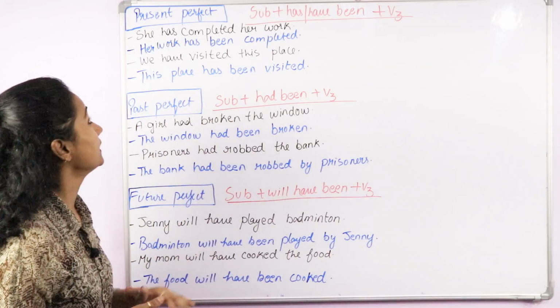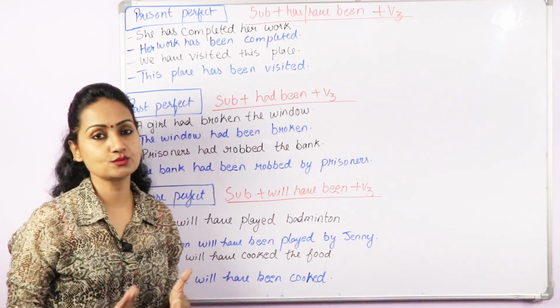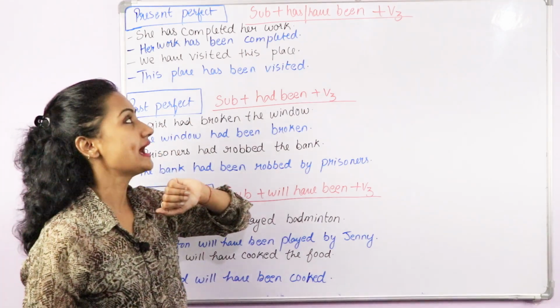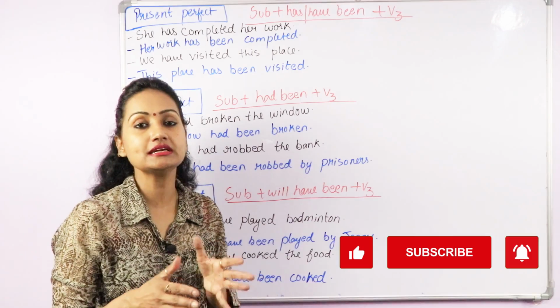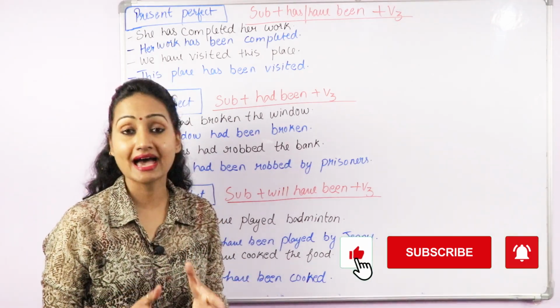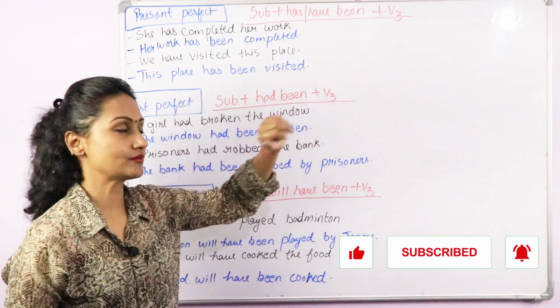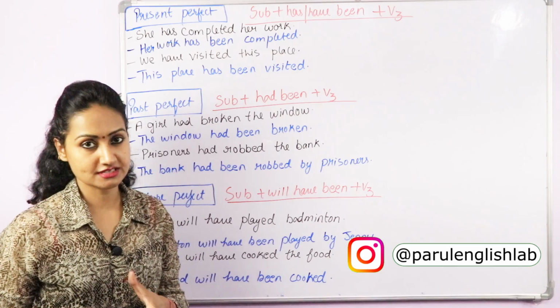Next is present perfect, past perfect and future perfect. So let's start with present perfect. So the rule is subject plus has or have been plus third form of the verb. With he, she, it, singular third person, we use has, otherwise have. She has completed her work. This is an active sentence.